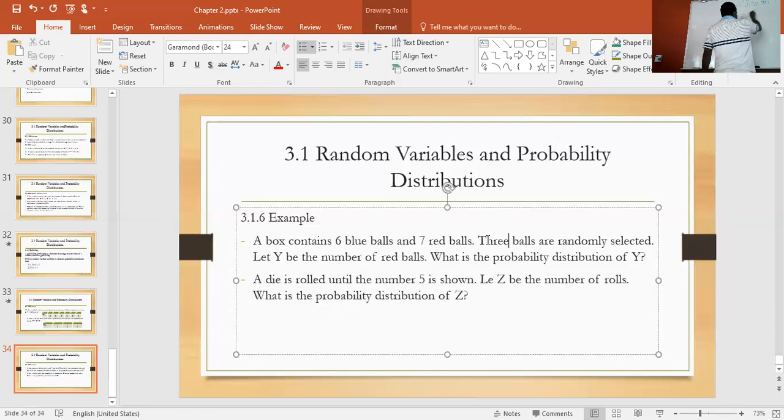It's 7 combination 3 over 13 combination 3. 7 factorial over 3 factorial times 4 factorial. You can write 7 factorial as 7 times 6 times 5 times 4 factorial. This will go. 3 factorial is 6, so this will go. So we have 35 over 286.